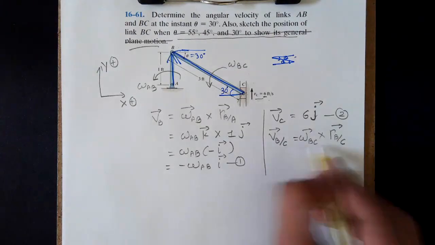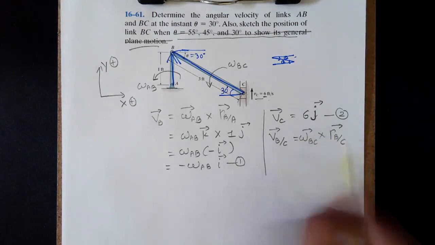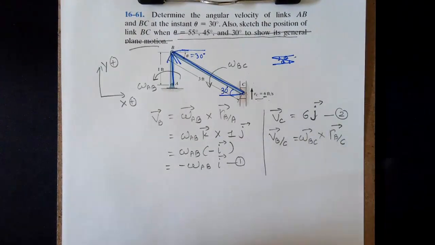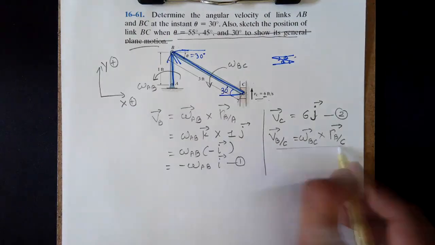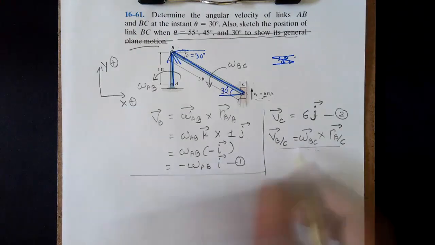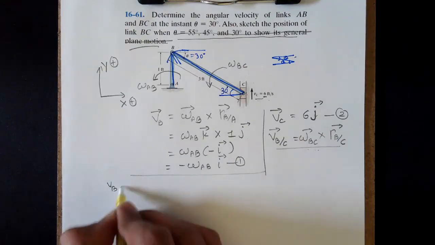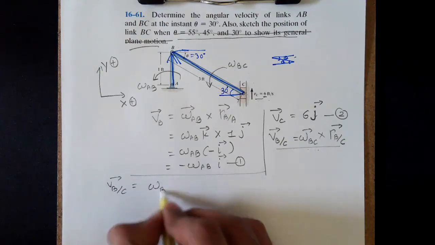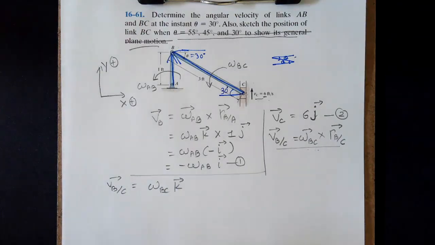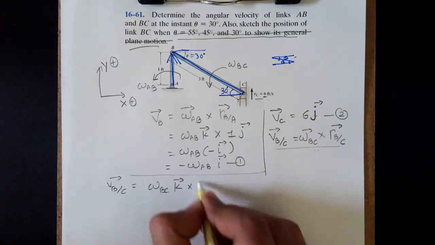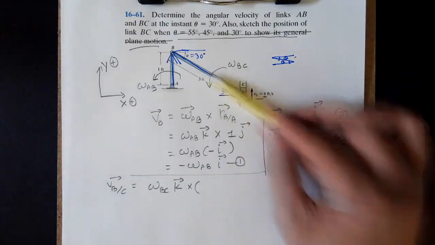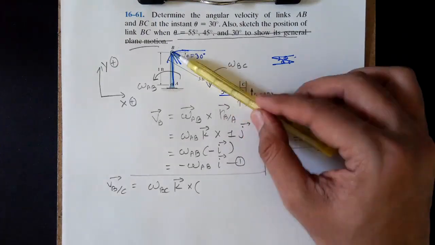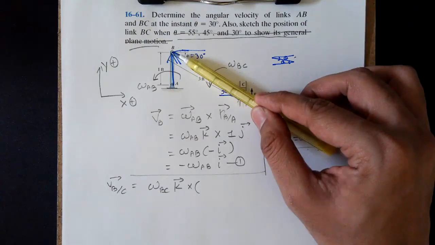So now we will expand this term and resolve this into proper components. So let's work more on this part. VB relative to C once again is omega BC. Its magnitude is omega BC and its direction is positive k, cross R B relative to C. It's this vector, the tip of my pencil is the arrow of the vector.